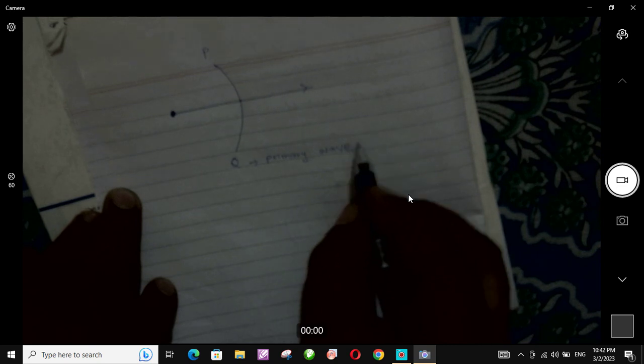He said that this wavefront is taken as P, and we call it the primary wavefront. So anyone can select any of the wavefronts as a primary wavefront.